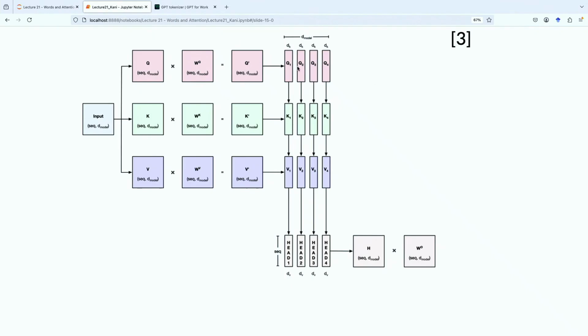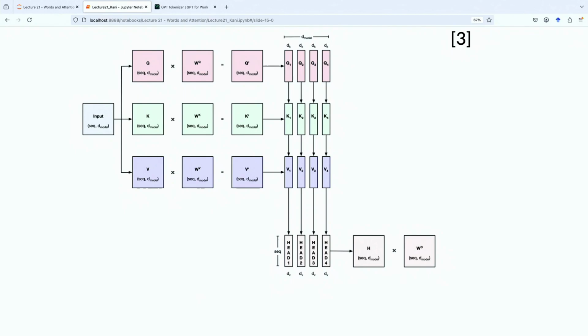In this case, we're doing softmax of Q1 times K1, and then we're multiplying it by V1. So we're breaking the dimensions into 4 and separating it out from these other heads, right? So the model has a better opportunity of devoting each head to a different aspect of the language, right?